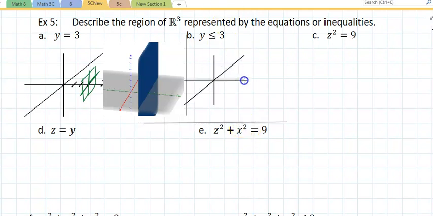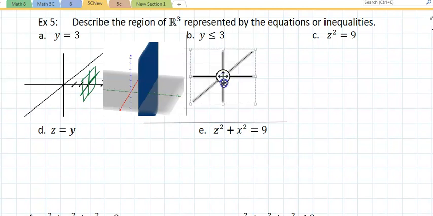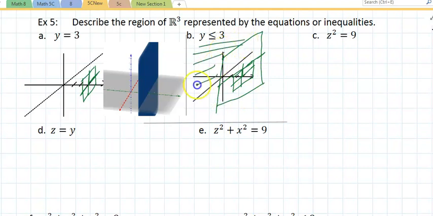Well, that would mean I am going to go on the y-axis still. 1, 2, 3. I'm going to really sketch the plane. The key is making it kind of a parallelogram, right? And it's going to shade to the left.